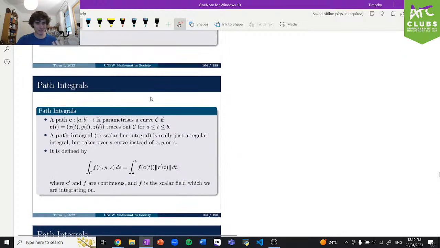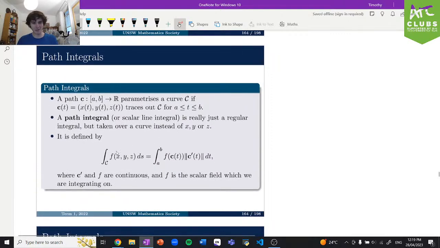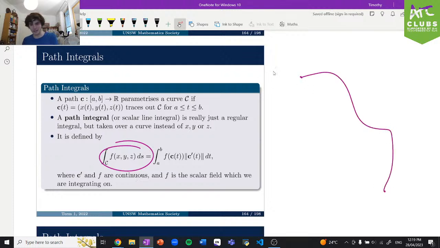Now, a path integral is given by this formula, where you have your function f in terms of x, y, and z. You take your curve C. Let's say your C has some start point A and some end point B. You parameterize it over whatever your curve is going to be.